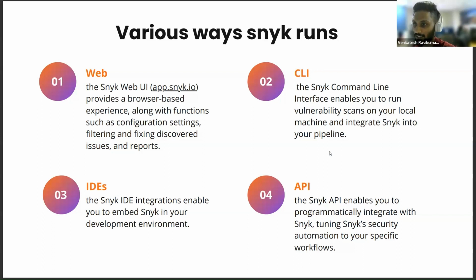Next is how we can run this Snyk tool. It has a dashboard already, on the website they have. We can integrate our project via GitHub or GitLab, a few repositories it allows.